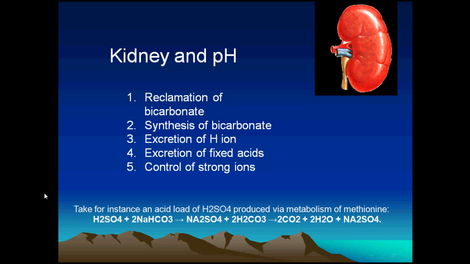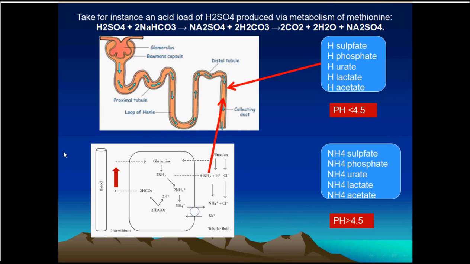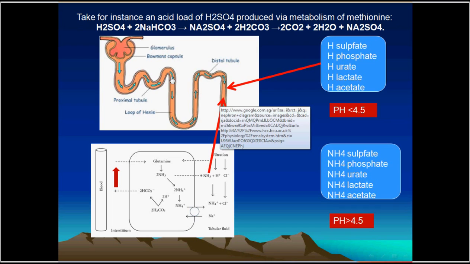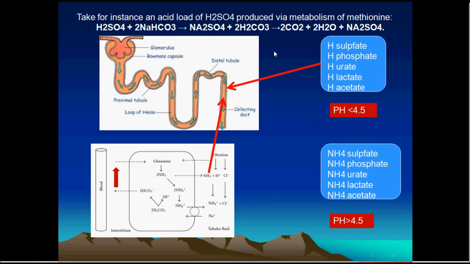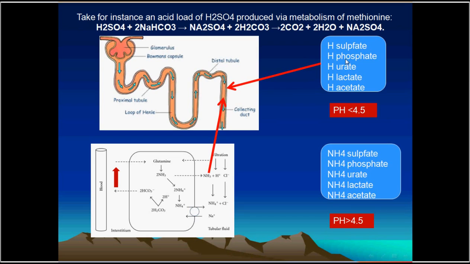Sodium sulfate is very important to look at. It will be excreted. After the excretion of sodium sulfate, in its pathway here, the hydrogen ion will come out and be excreted, and sodium will be absorbed in the form of sodium bicarbonate.